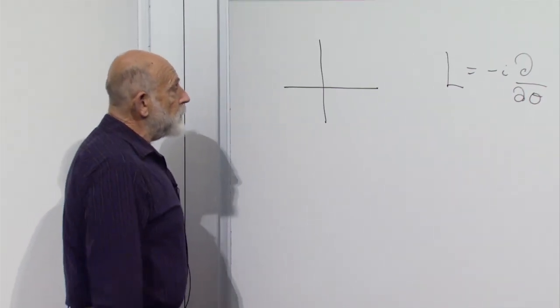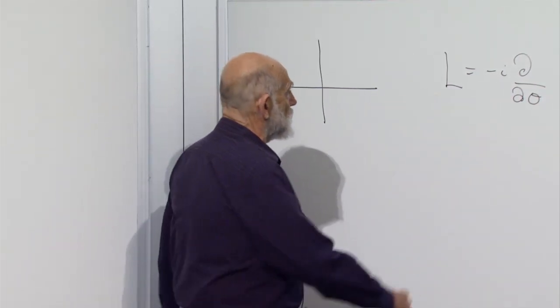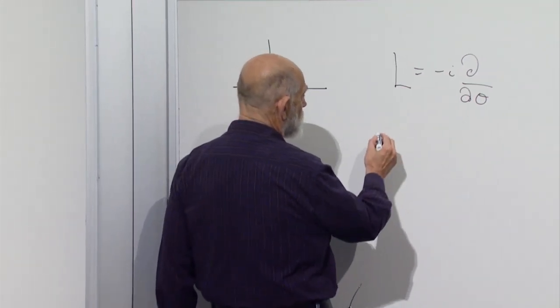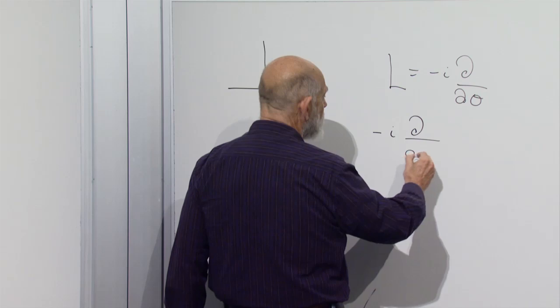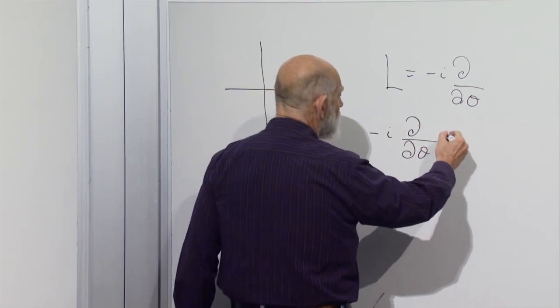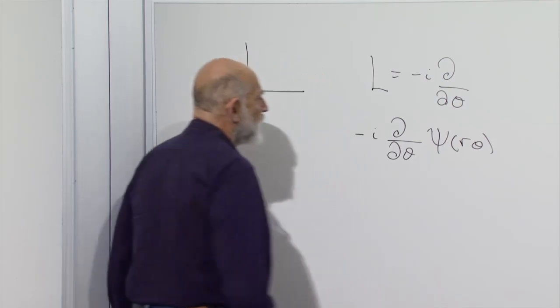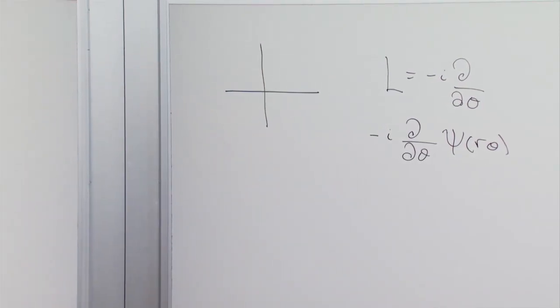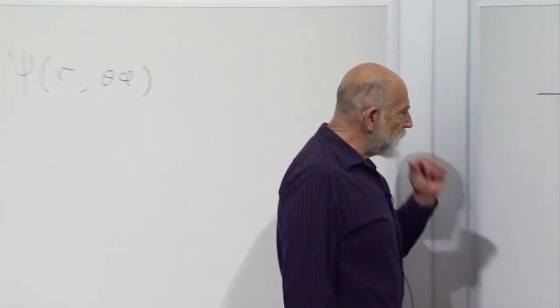So let me just remind you, if you look for angular momentum eigenstates, then what you're looking for is functions which satisfy minus i d by d theta. Let's say functions of r and theta. In 2 dimensions, we don't have to worry about phi, just r and theta.